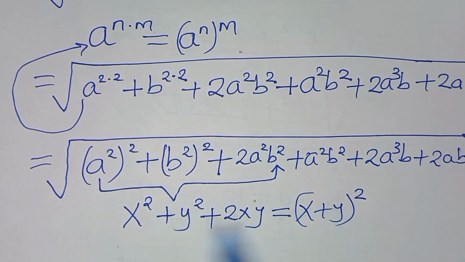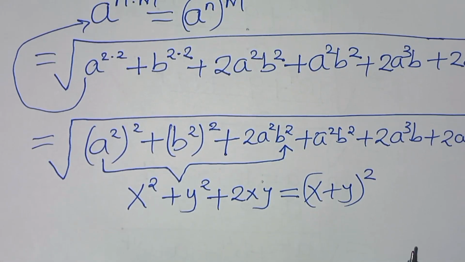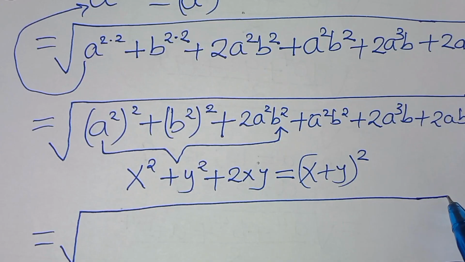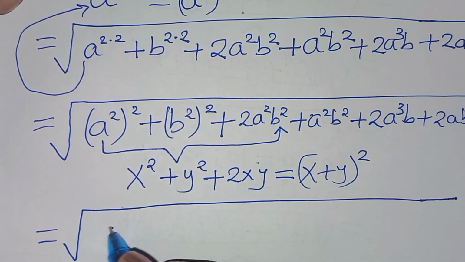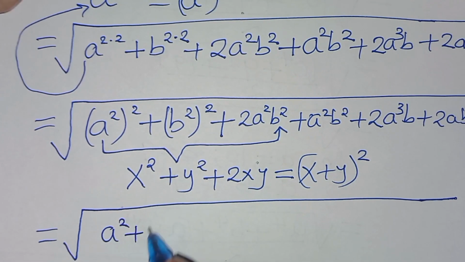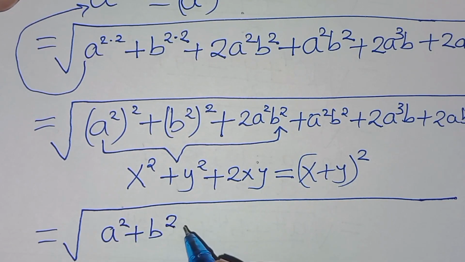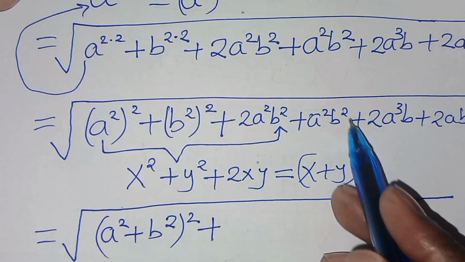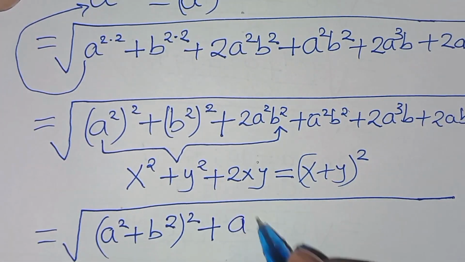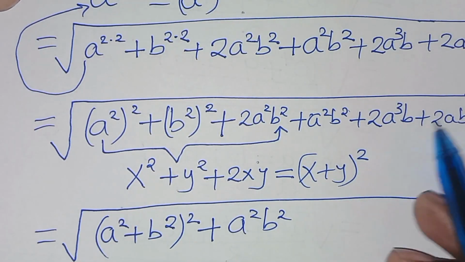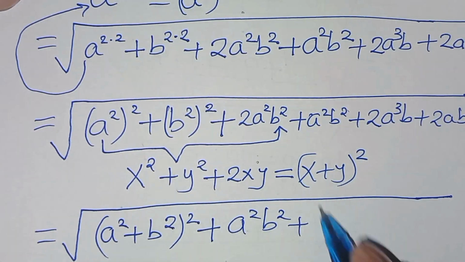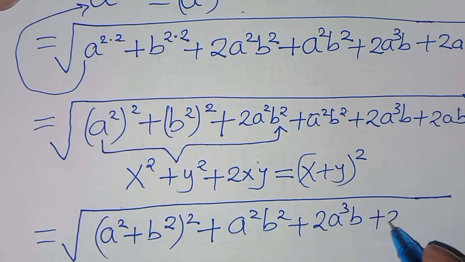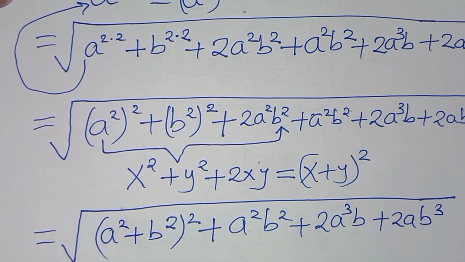So applying this algebraic identity, this implies that we'll have the square root of a squared plus b squared, all this squared, then plus a squared b squared, then plus 2a to power 3 b, then plus 2ab to power 3.